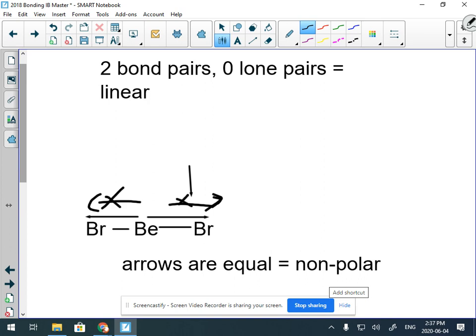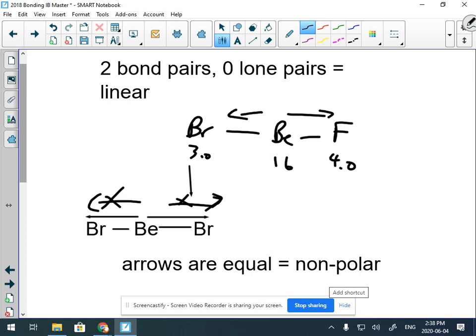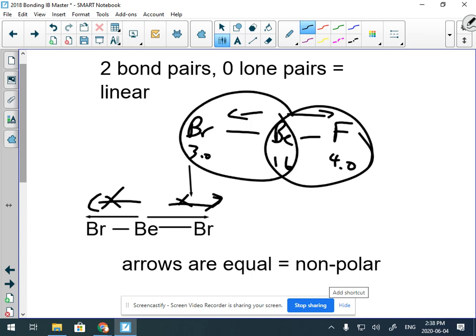They're nonpolar. But let's say I had beryllium fluoride with bromide. Bromine is 3.0, fluorine is 4.0, and beryllium has a really low electronegativity of 1.6. So we'd have a dipole arrow going here and a dipole arrow going here. Now, look at the difference between here versus here. That's an unequal pull. Think of that like a tug of war.